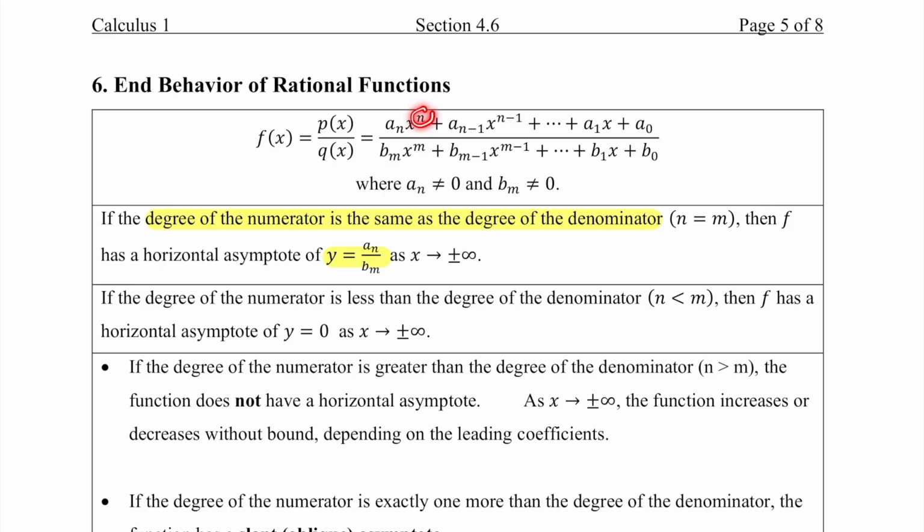So if n equals m, the horizontal asymptote is the ratio of the leading coefficients, which is an over bm.